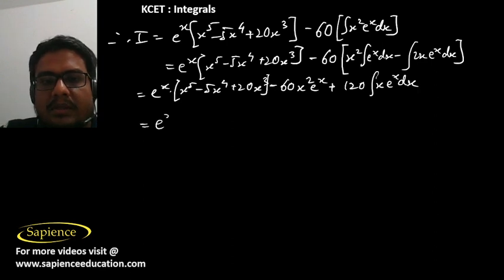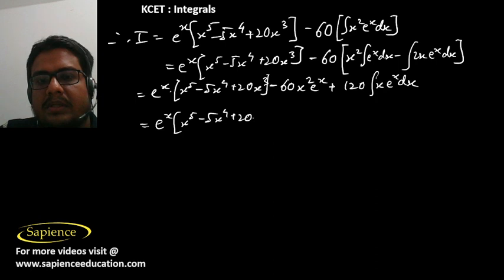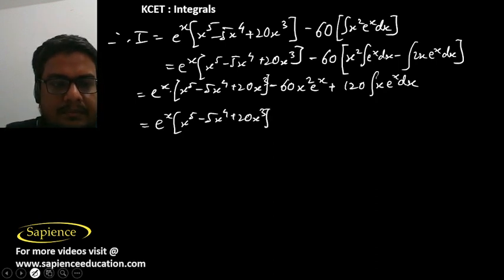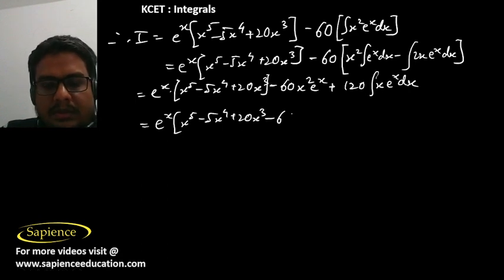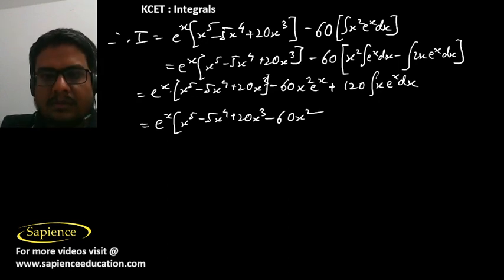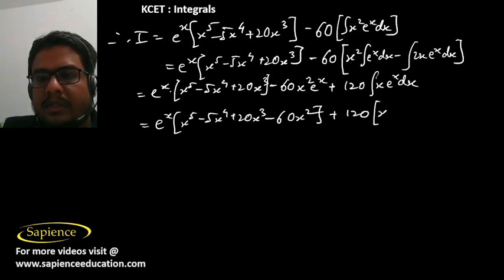So this will be again e power x into x power 5 minus 5x power 4 plus 20x cube, then minus 60x square, then plus 120 into I can do x into integral e power x dx minus d by dx of this, that is 1, and so integral e power x dx.